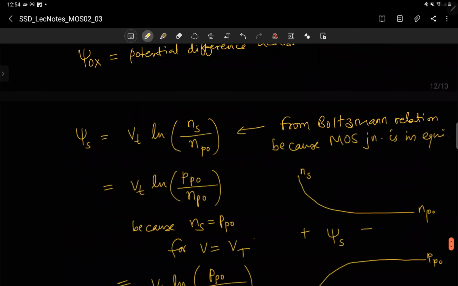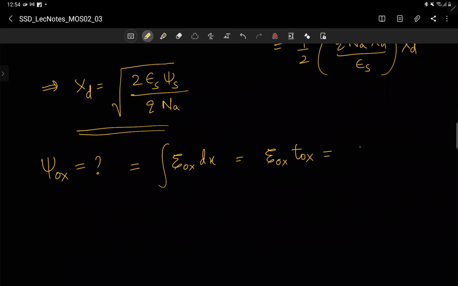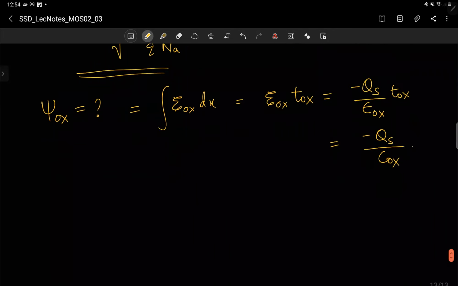Eox is again minus Qs by epsilon ox, into Tox. You note that epsilon ox by Tox we have identified as Cox. So minus Qs by Cox. So that implies psi ox is minus Qs by Cox.